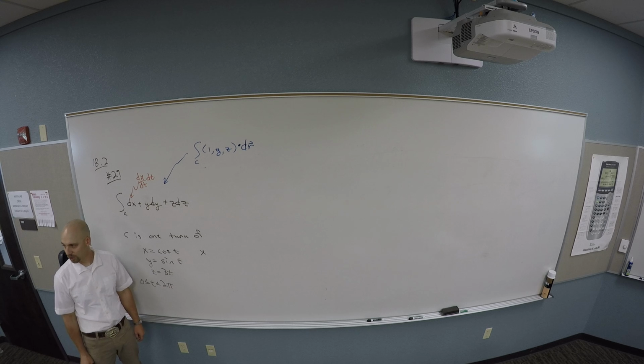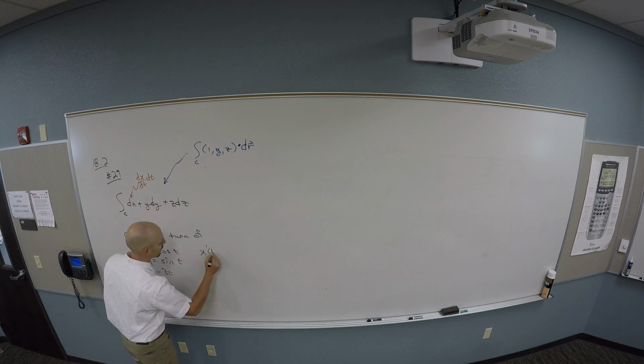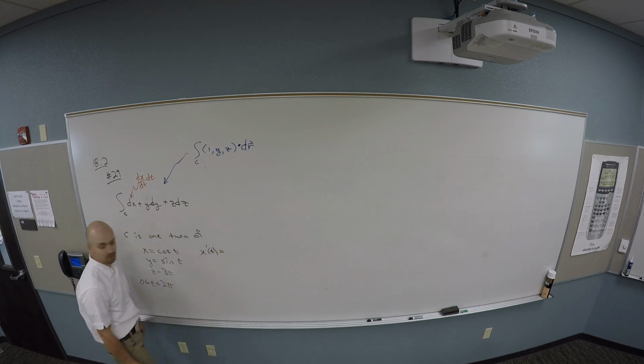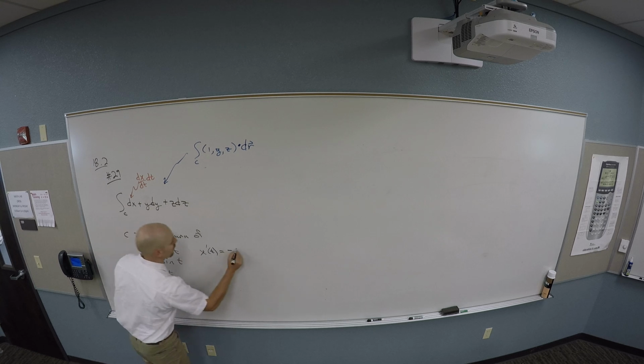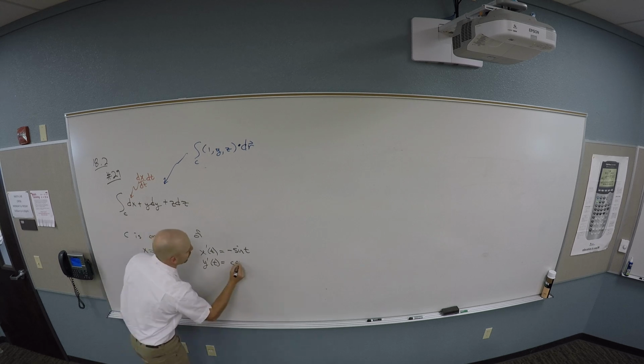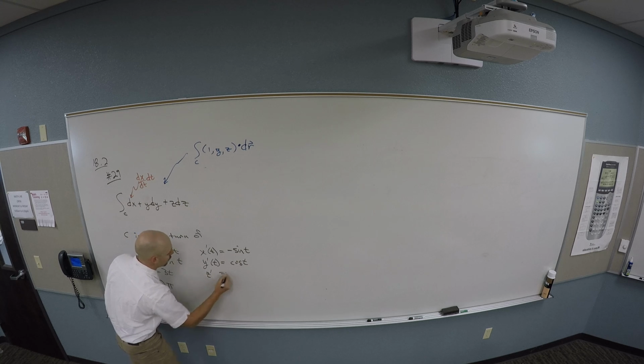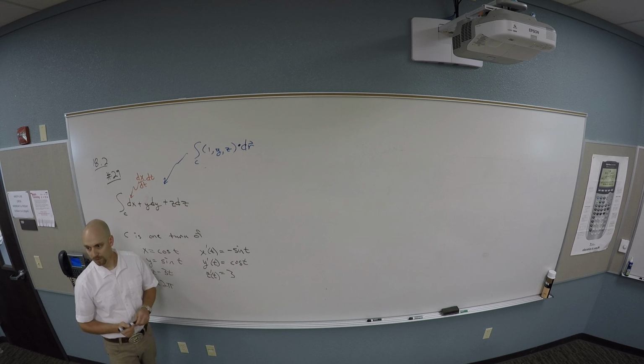What other information should I get from that before I start plugging everything in? Derivatives. So x prime of t is negative sine t, y prime is cosine t, and z prime is 3.